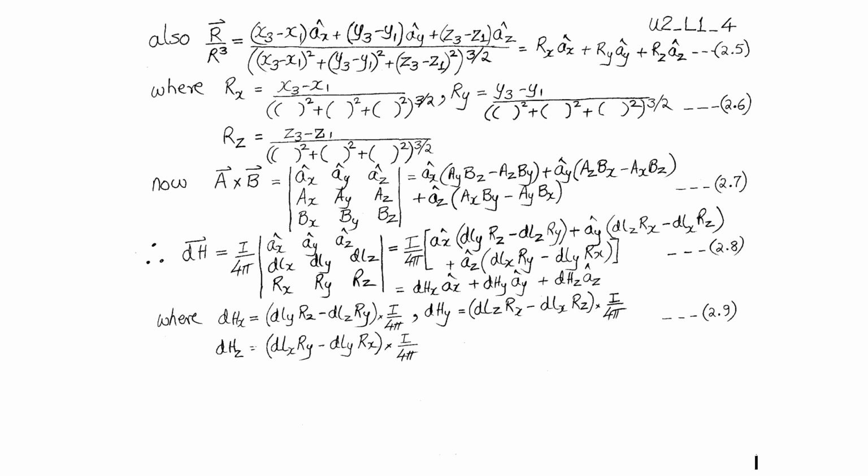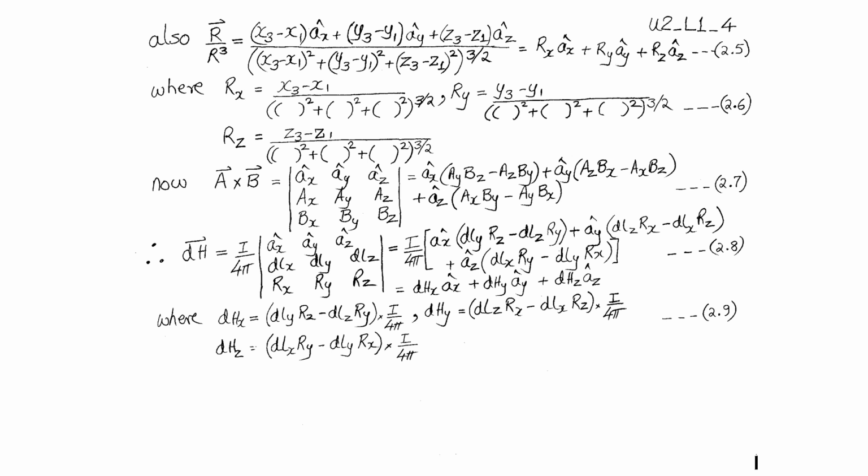The next step is to calculate their cross product. Now we know from vector algebra that A cross B can be written as a 3 by 3 determinant where the first row is ax vector, ay vector, az vector. The second row is capital Ax, capital Ay, capital Az, and the last row is capital Bx, capital By, capital Bz.